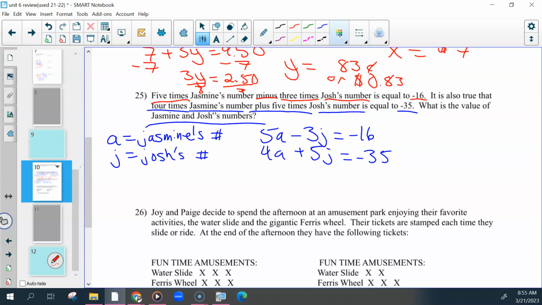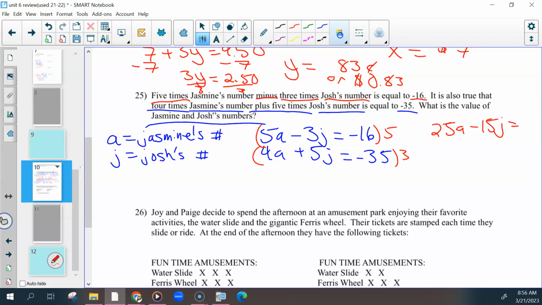Okay. So if we're eliminating J, what could we change both of these two so that they're the same? 15. So multiply the first by 5 and the second by 3. We have 25A minus 15J equals whatever that number is.